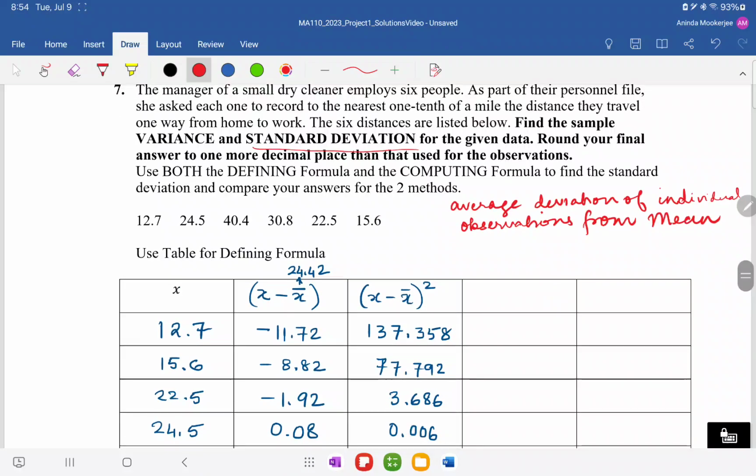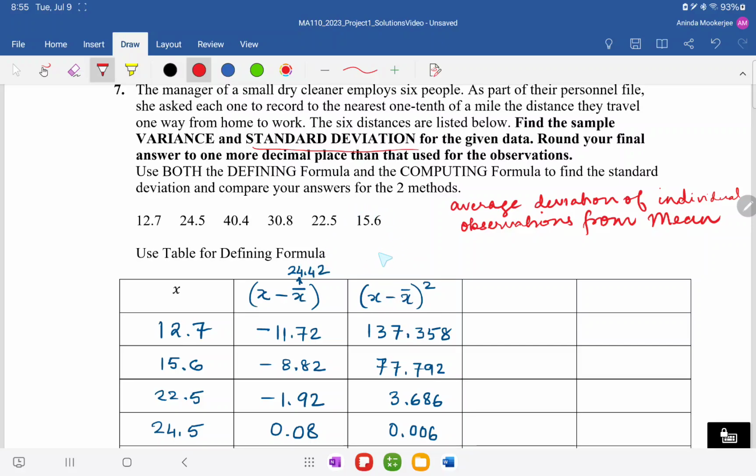Now, the defining formula is called the defining formula because it closely follows the definition of a standard deviation. Based on this definition, I can even write out the defining formula without having to memorize it.